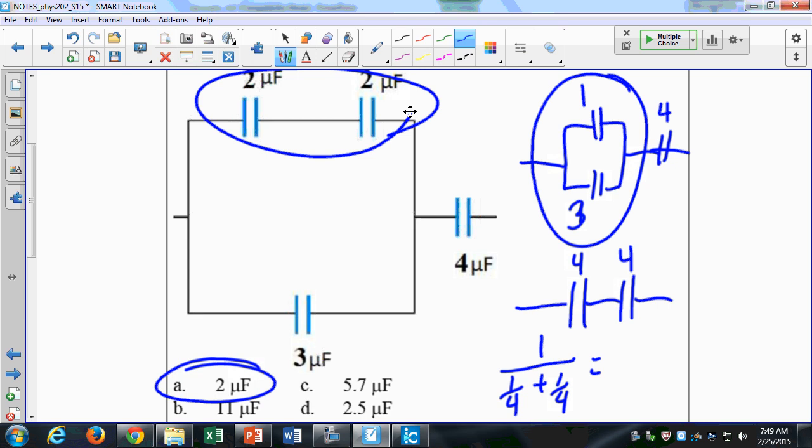But when you have capacitors in parallel, you just add them up. That's on your equation sheet, if you forget, on the exam, but it's easier just to know it. So series is that 1 over the inverse thing, and in parallel, 1 plus 3 is 4.